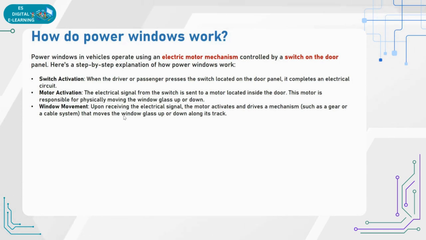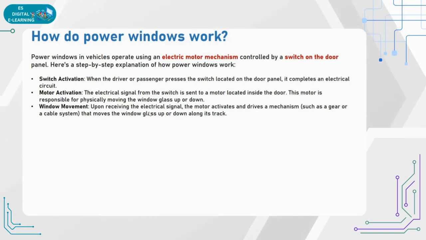Similarly, the information you give to the switch passes to the controller and makes the motor move the window up and down. The window movement should be operated in different conditions, like driving or high speed, how it acts, and during an emergency how the window will be locked fully. So it's a kind of window movement.